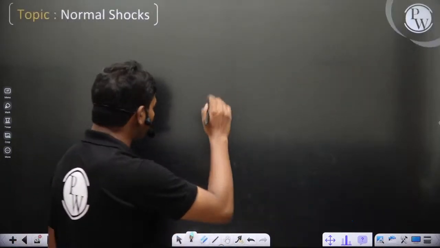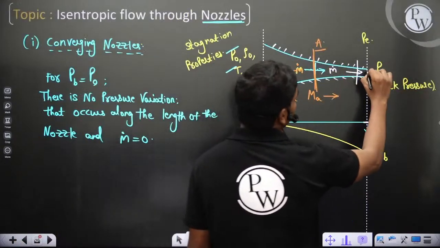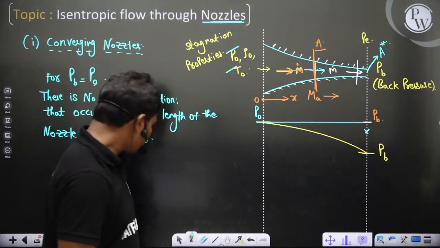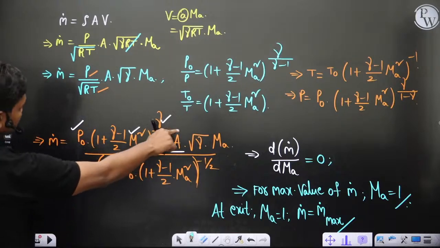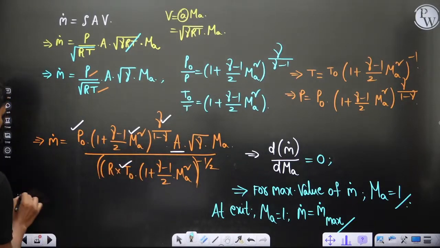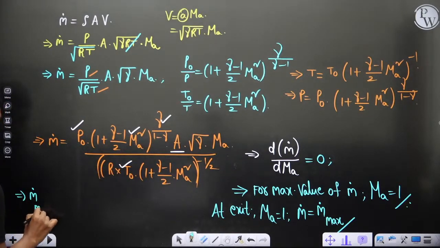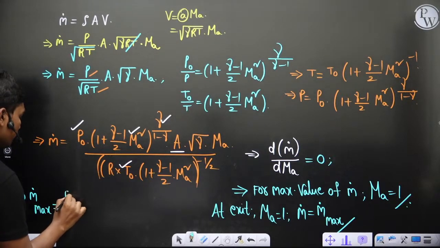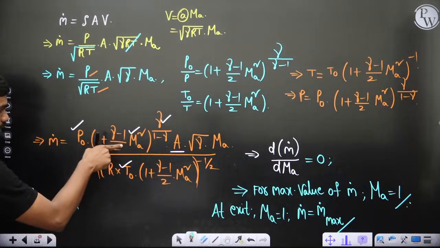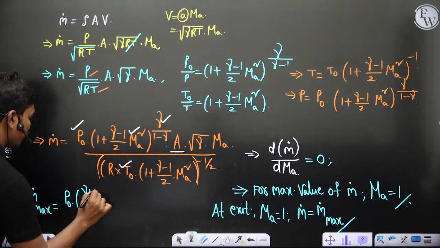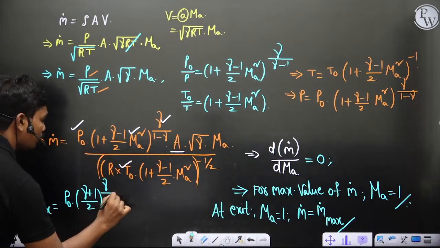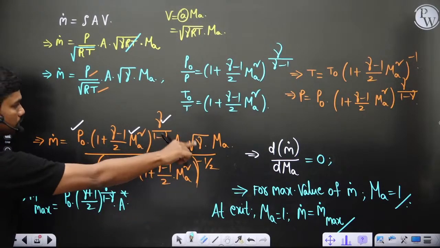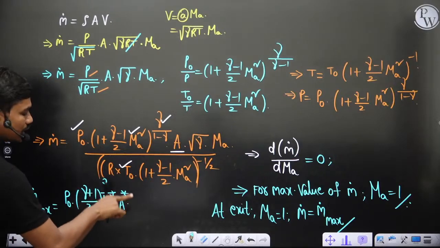and the area at this point is normally denoted with A star. So in this expression, if you put A equal to A star and Mach number equal to 1, m dot max is equal to, we'll get P naught times (gamma plus 1 by 2) whole power gamma upon 1 minus gamma into A star into square root of gamma, because this is the minimum possible cross-section area in a nozzle.